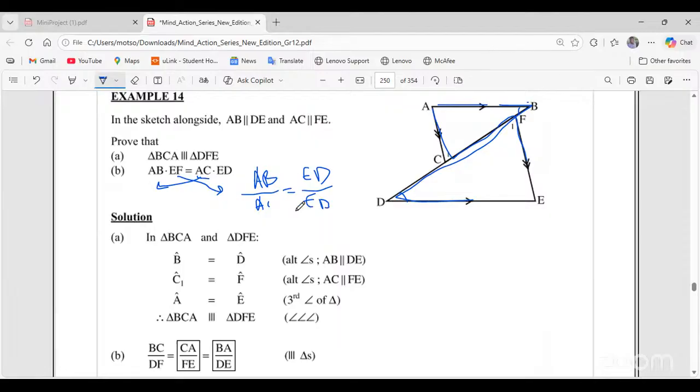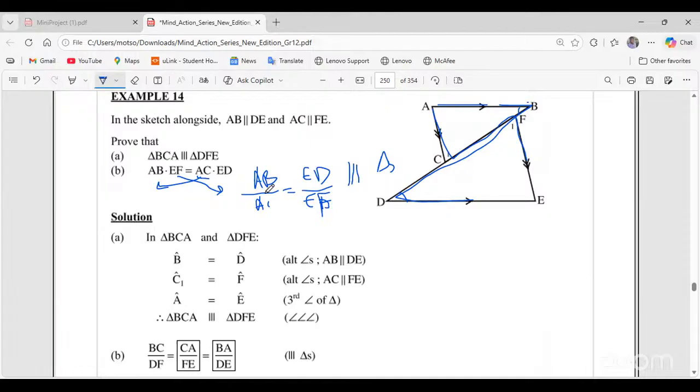So AB over AC is equal to ED over EF. I'm sorry, it is supposed to be EF. Why is this ratio equal to this ratio? Because that is similarity, from similar triangles.